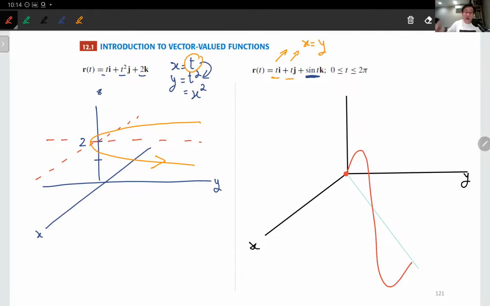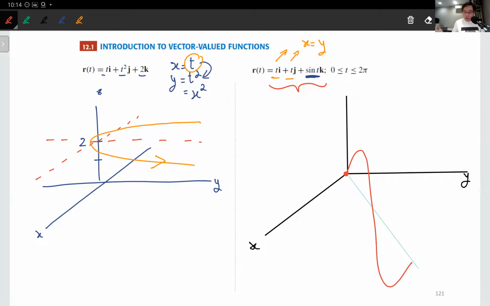It's a sinusoid in three-dimensional space, in the sense that it's a sinusoidal curve that's oriented 45 degrees on an XY plane, like so. All right, so this is how you trace it. It's almost the same as tracing a curve using parametric equations, but instead you represent everything in terms of a vector function. Nice.